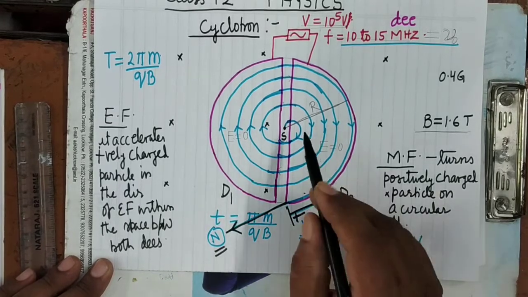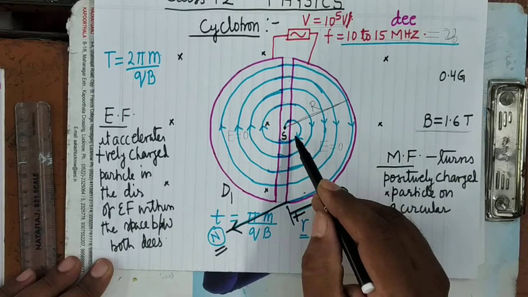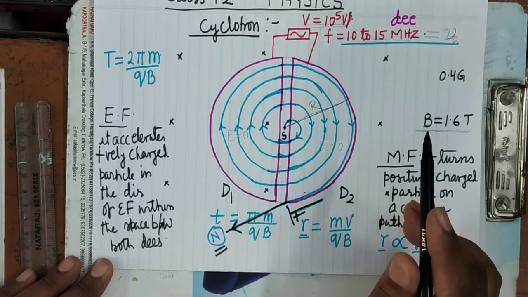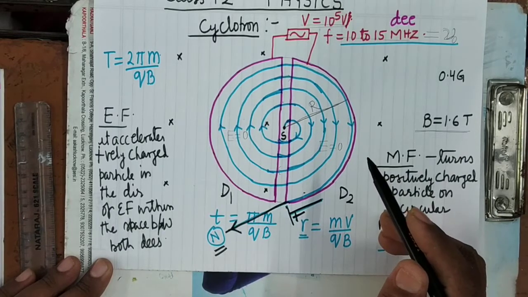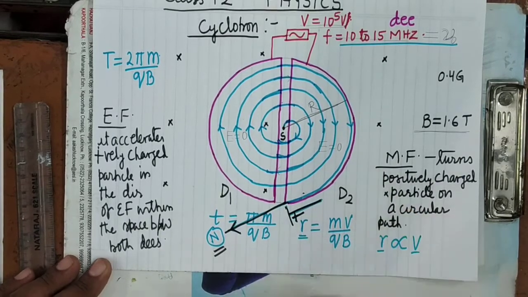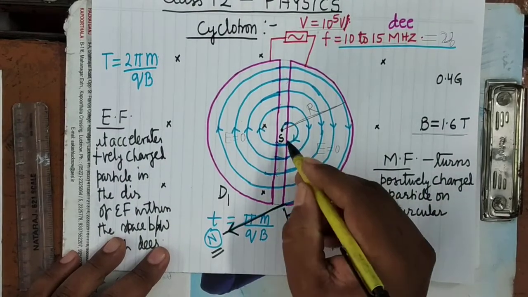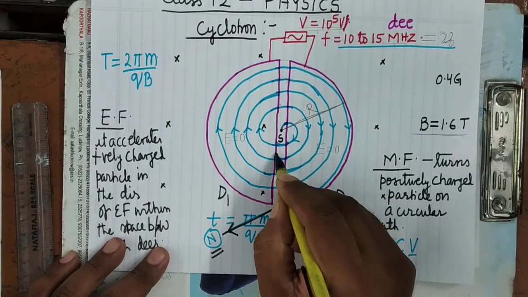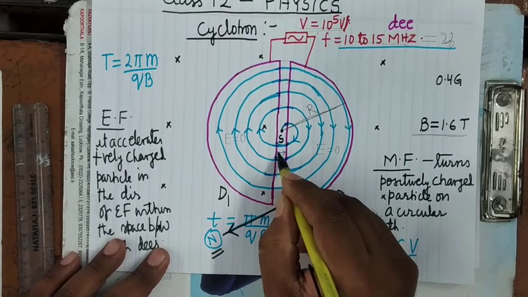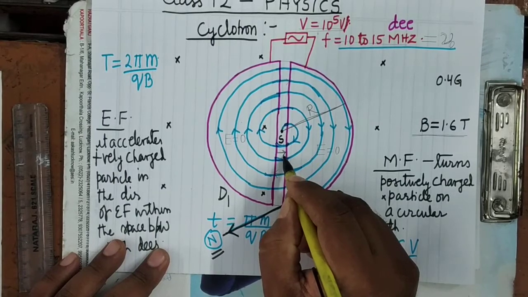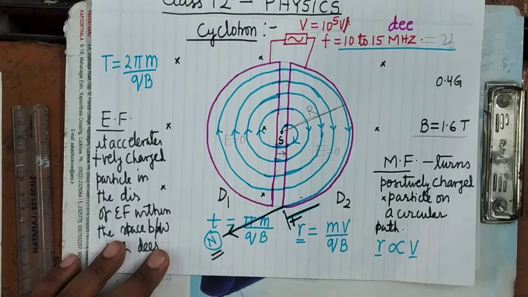So here, the moment it comes out from a D, the direction of electric field should be reversed. Suppose this does not take place, suppose it is going to come out from here, but the direction of electric field is still this. So it is trying to come out, but what will happen? Because of the electric force, that electric force is exerting a force in the inward direction.